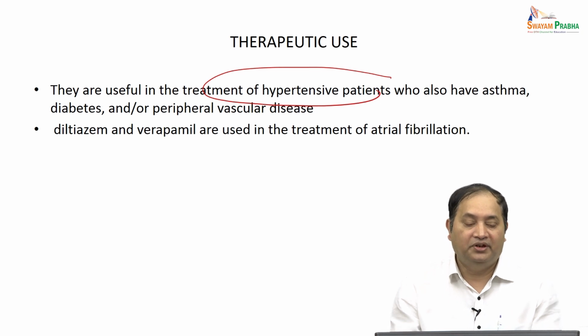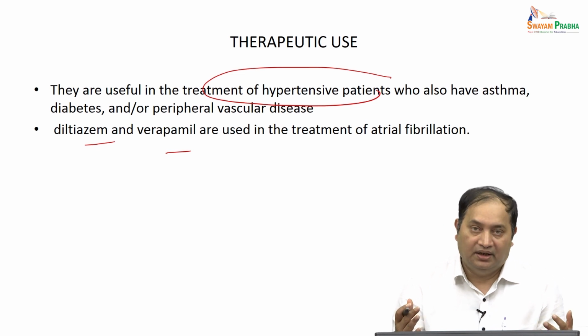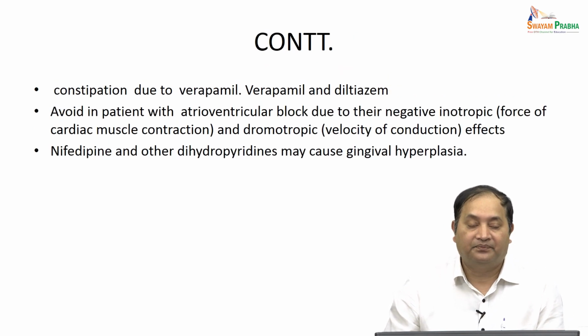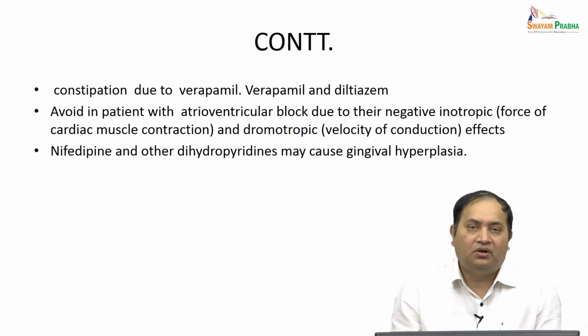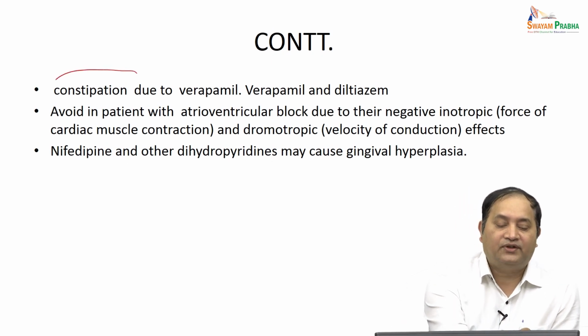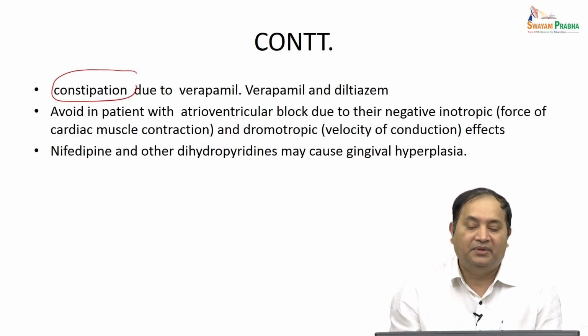Most commonly we use diltiazem and verapamil, and these two drugs are also used in case of atrial fibrillation. One of the common adverse effects with calcium channel blockers is constipation, which has been reported with calcium channel blockers like verapamil or diltiazem.